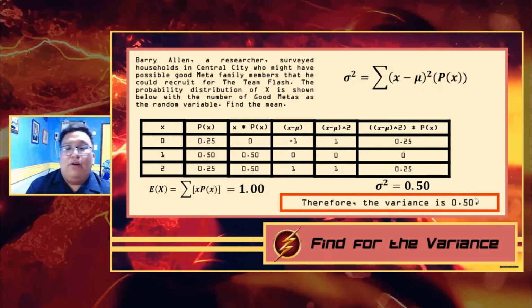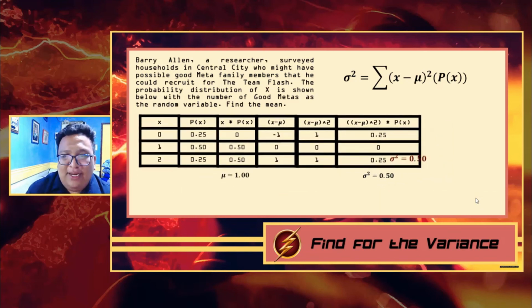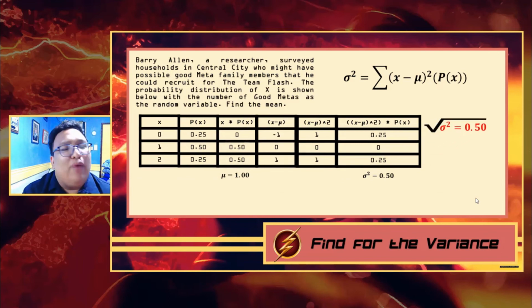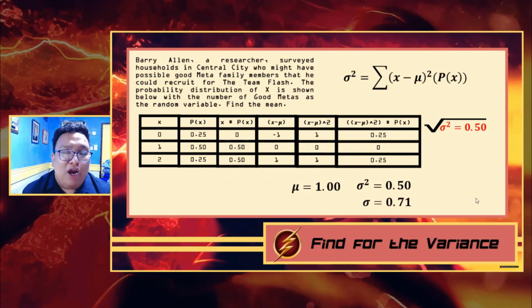Since our variance is 0.50, by definition, we're just going to get the square root of the variance. As simple as this. Okay? So take the square root of the variance and, using your calculator, we'll arrive at the answer 0.721. Therefore, we already have the three elements we are looking for: our mean, our variance, and the standard deviation.